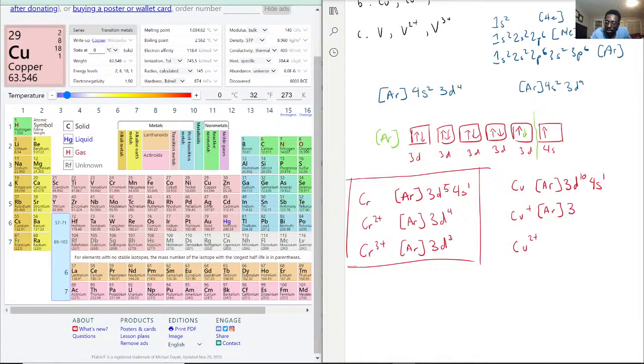But you see here, it will be 3d10 by itself, because all I just did was get rid of the 4s1. Okay, and now for 2 plus, this one is a little bit trickier, but if you just lose another one, I'd prefer to keep everything still in its 3rd subshell, so it would just be 3d9.